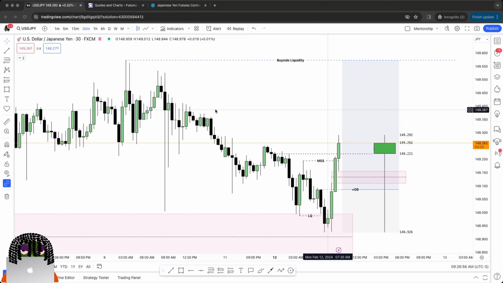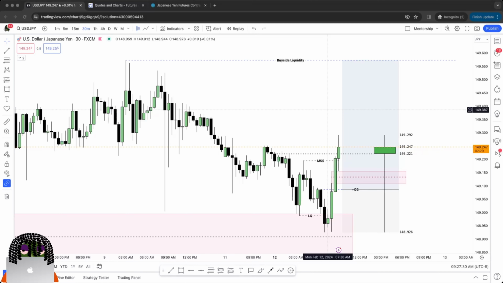Let me go back to Sway real quick. All right, so yeah, the spreads look good.